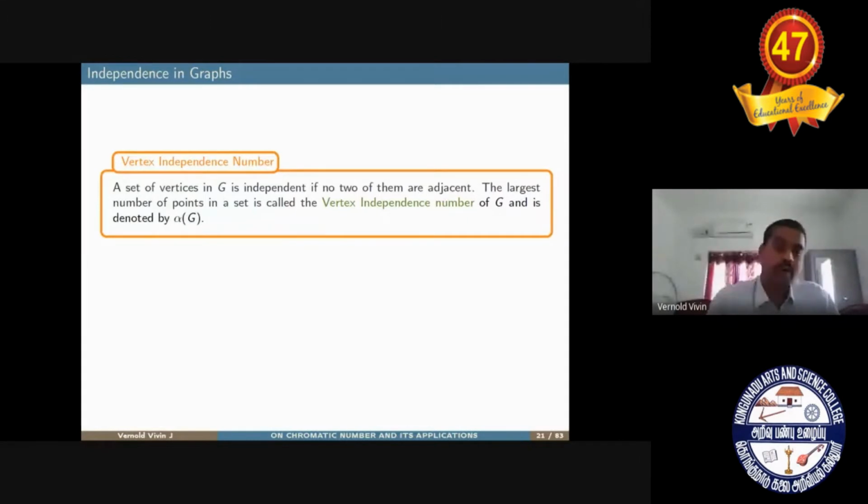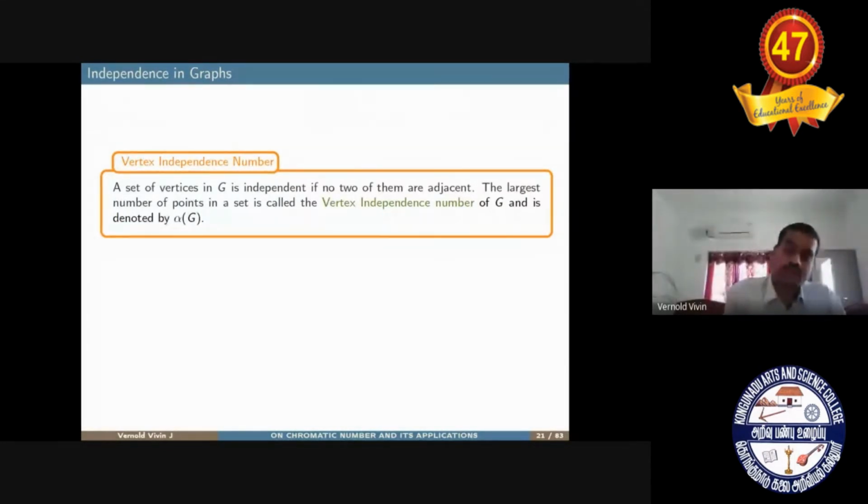So what is a clique number? The clique number is the order of the maximal complete subgraph of G. And the vertex independence number is denoted by alpha of G. We consider the largest independent set of vertices, such that the elements in the set are not adjacent.